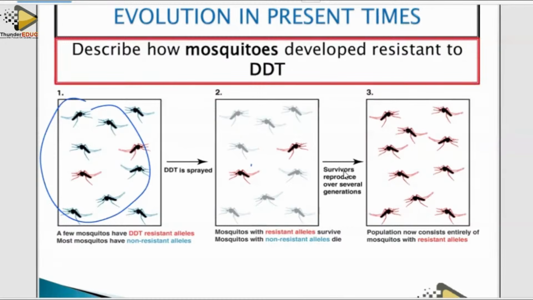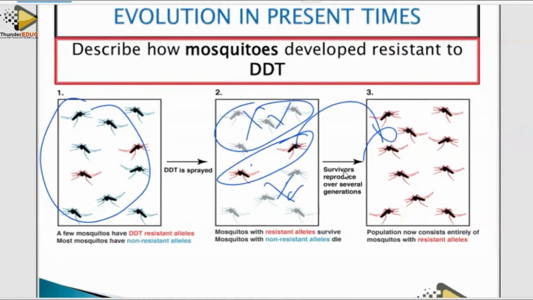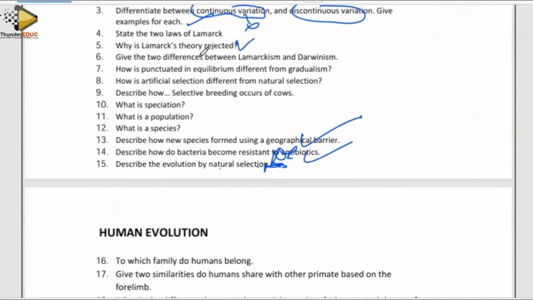Those which are resistant survive, while those which are not resistant die. The resistant ones reproduce in large numbers. So the next generations will have more resistant mosquitoes than non-resistant ones. So now, if you apply this DDT, it will be ineffective, meaning that the population of mosquitoes will have more resistant mosquitoes than non-resistant. Then human evolution.